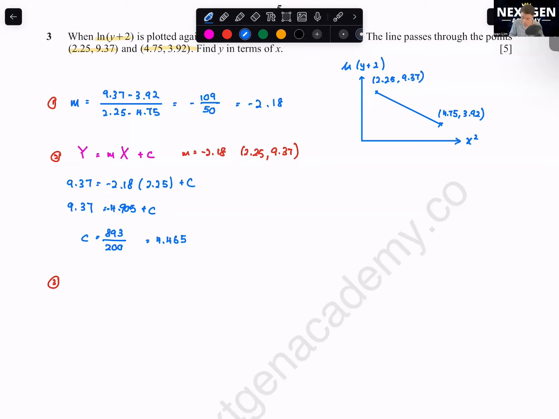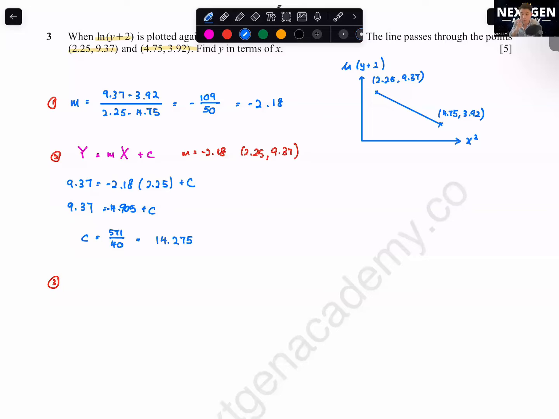Oops, I think that's a mistake already. 14.275, correct. I also copied wrong; I was looking at another question. So here c is 14.275 or 571 over 40. You use one of these, 14.275, right?